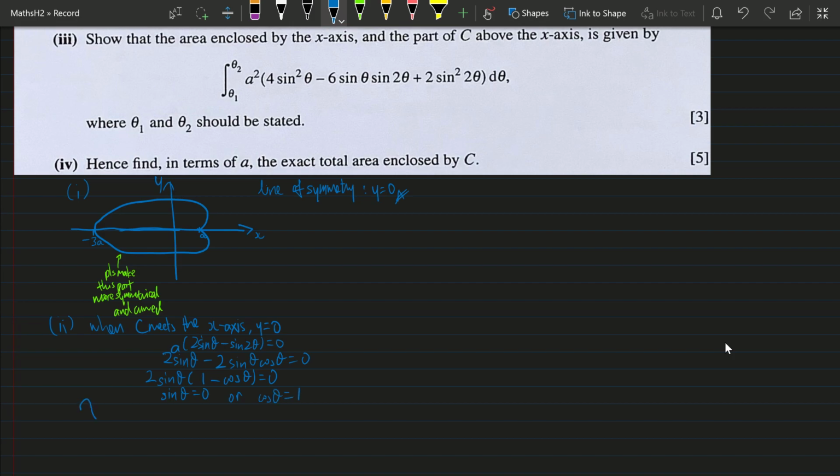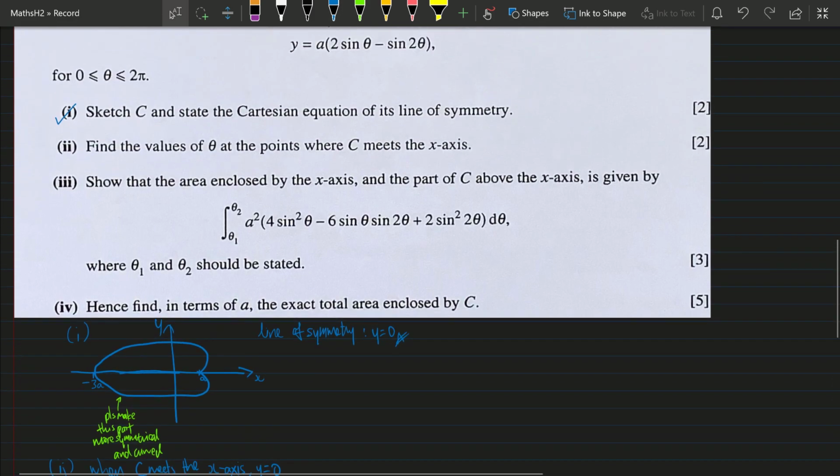You should be good at this by now. Sine theta equals 0 gives 3 values, cos theta equals 1 gives 2 values. So therefore, I'm going to conclude straight away, not to take up too much time in this video. Theta would just be 0, pi, or 2 pi. That's it. Again, it's only worth 2 marks. You've got to be a bit quick.